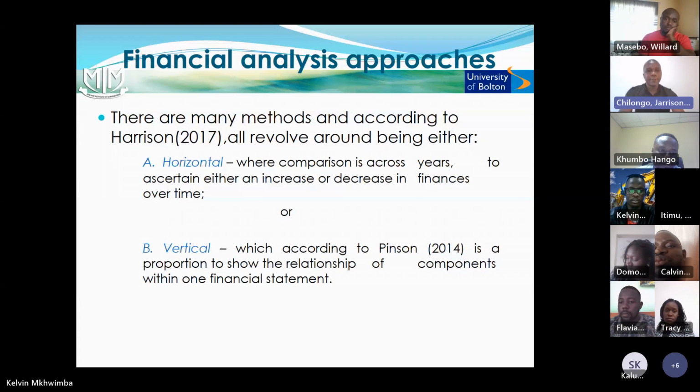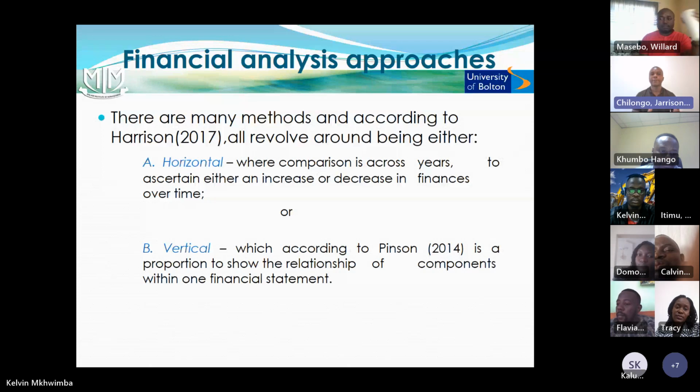Worth mentioning at this point is that according to Harrison, there are many ways of carrying out the financial analysis. However, there are two overarching umbrella methods, which are horizontal and vertical.